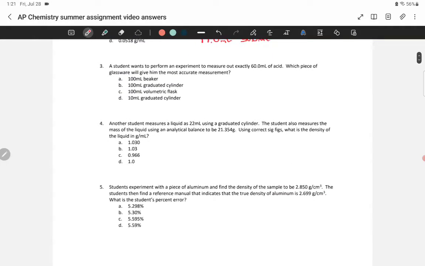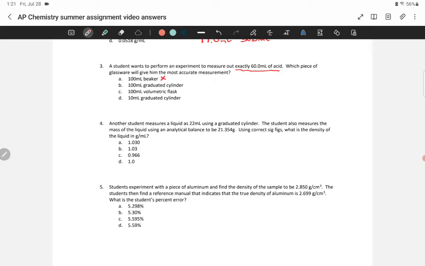Number 3, no math on this question. Student wants to measure out exactly 60.0 milliliters. So that is 1 decimal place. So beakers are not going to be acceptable. Beakers are terrific at holding liquid chemicals. They're good for mixing solutions.